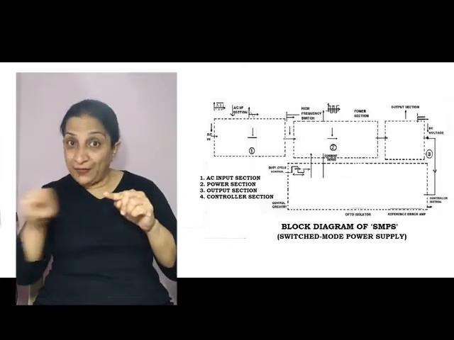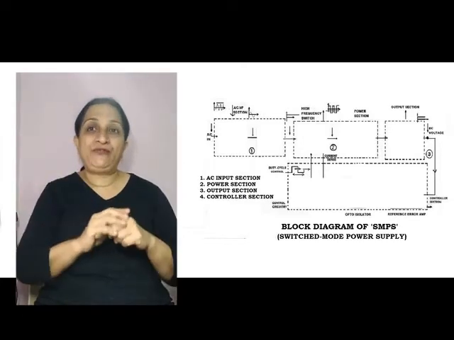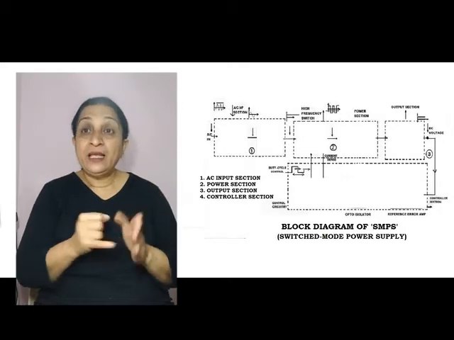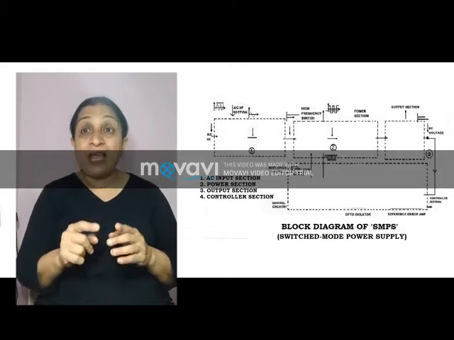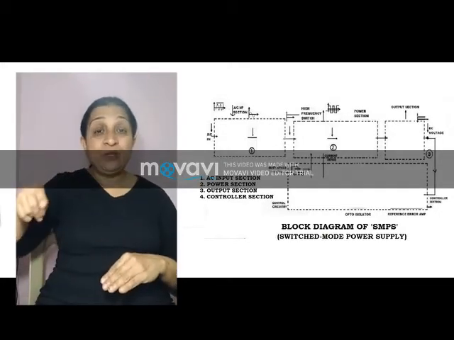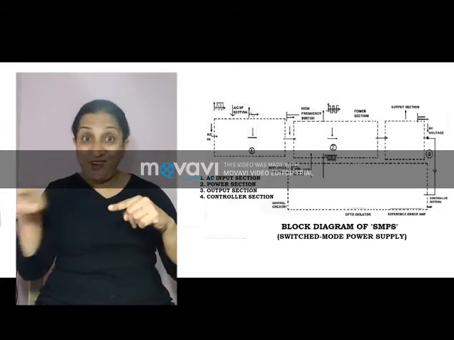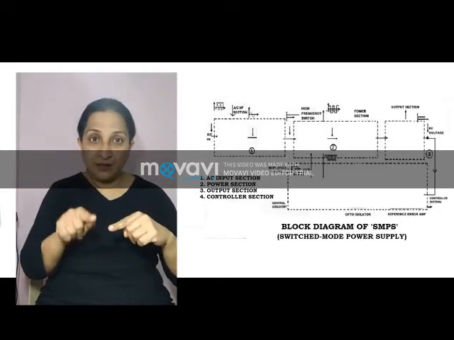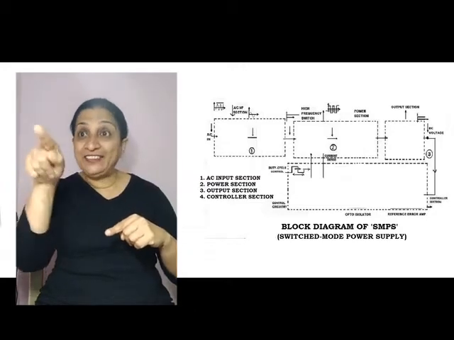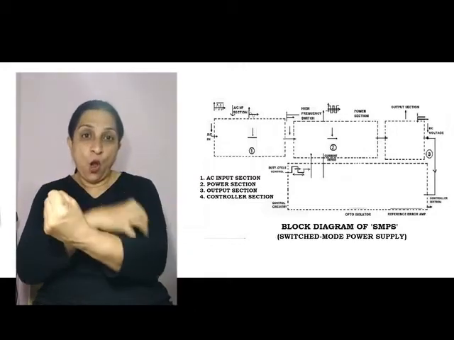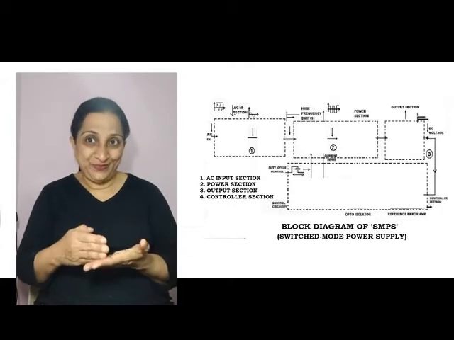Then you draw another one with 1 wave. Now in the second section you have to write high frequency switch. Then you have to draw a graph with the wave like this. That is the power section.